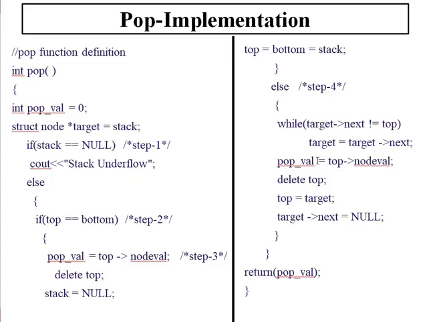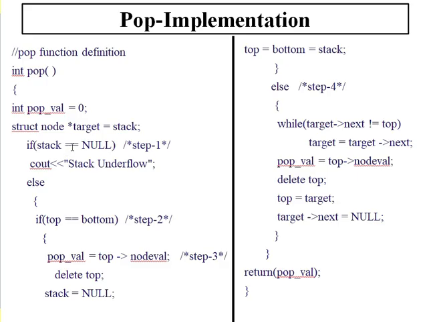So we can implement the pop operation like this. We just initialize the variable that is used to hold the value that will be removed from the stack. The first step is checking whether the stack is empty or not.